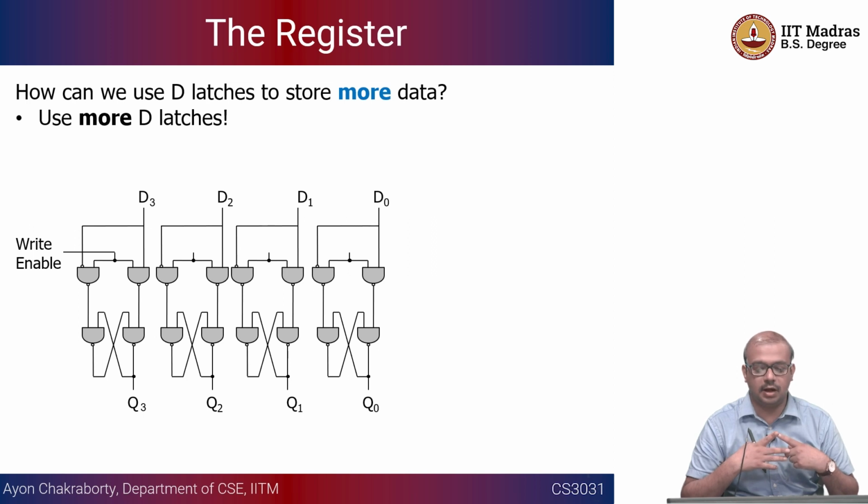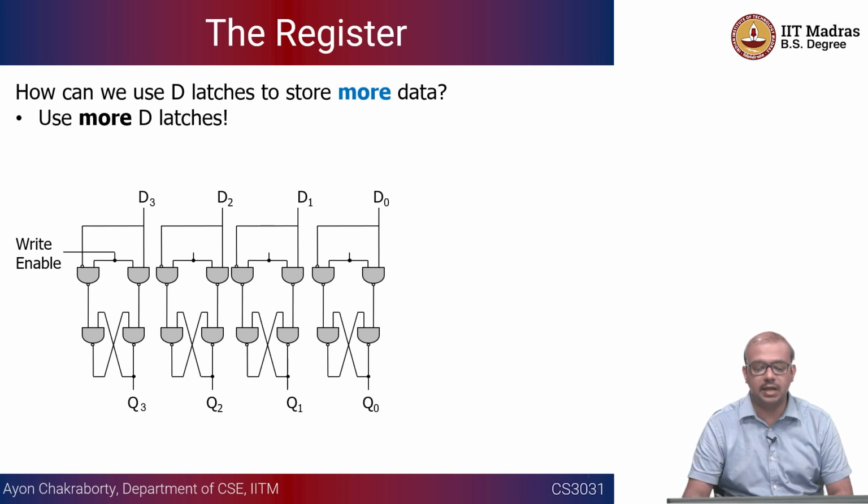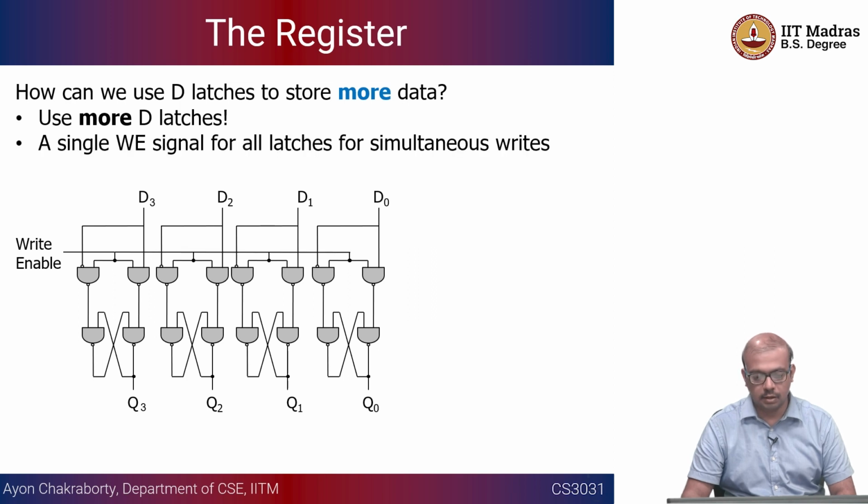But this is going to be a collection of 4 bits, and each bit is being held by an individual D flip-flop. Okay, so if you want to write these 4 bits simultaneously, then you have to enable them together. So in that case, all the write enables are going to be tied together.